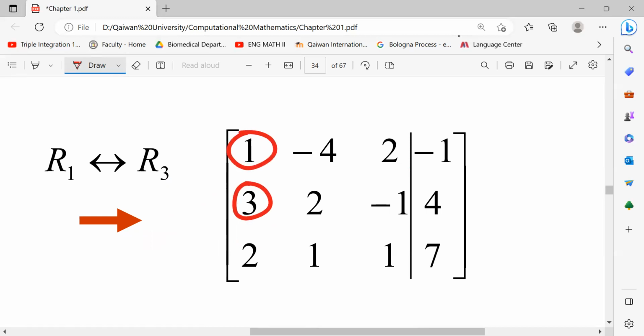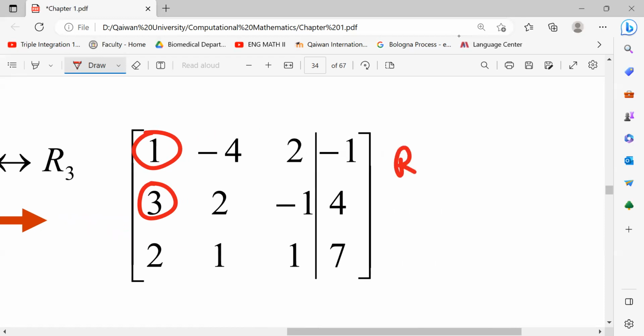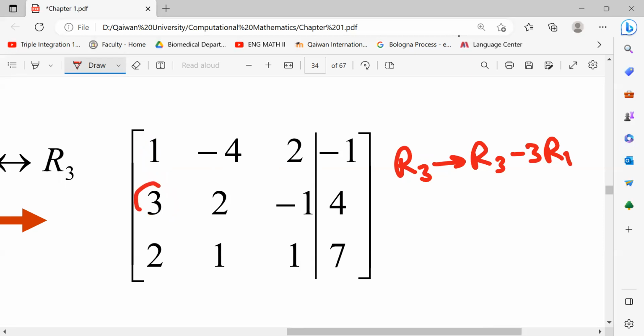How to change this to 0? From this one, we say R3 becomes R3 minus 3R1. Look, sorry, this element is in row 2, not row 3, and we want to change it to 0.